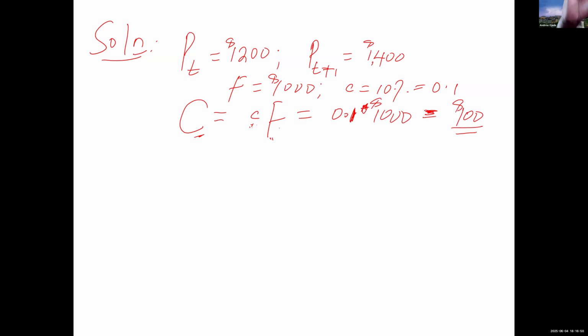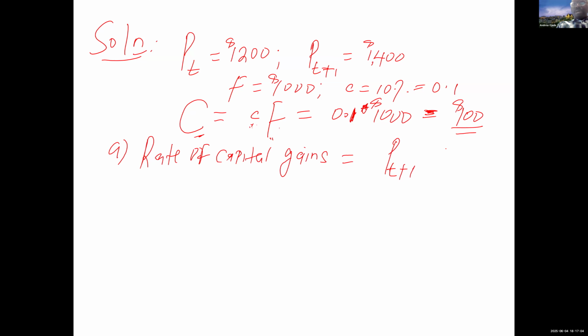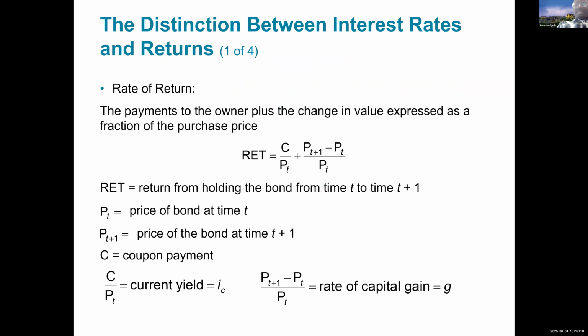Okay, so now, Roman A, the rate of capital gain. You take the selling price of this bond, PT plus 1, minus the purchase price, divided by the bond's purchase price. So your rate of capital gains here is going to be what?